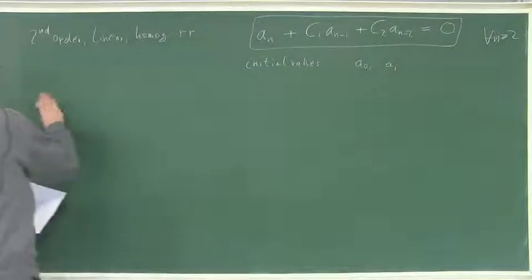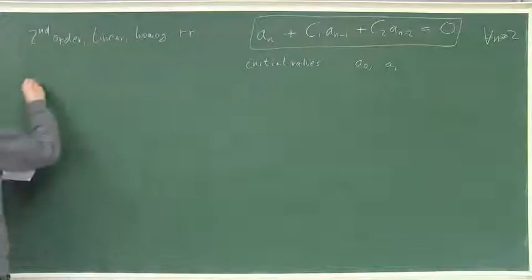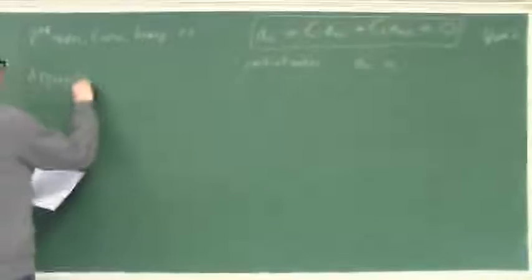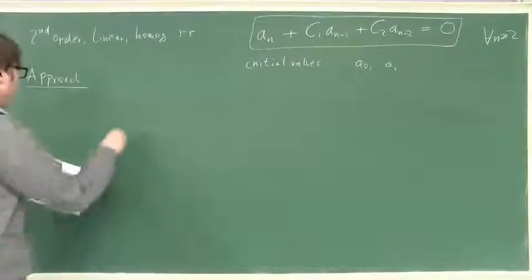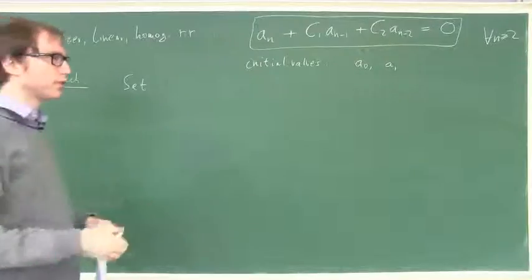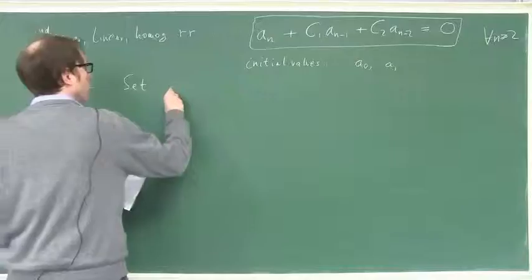Now, what's the approach to come up with a closed expression? That's what we want to have. The idea is to use what we've seen in our very first example as a basic idea.